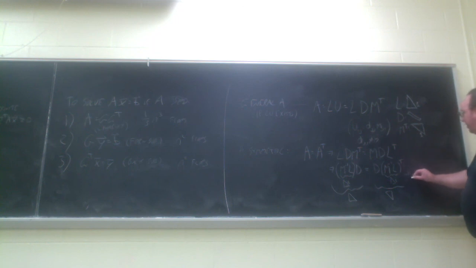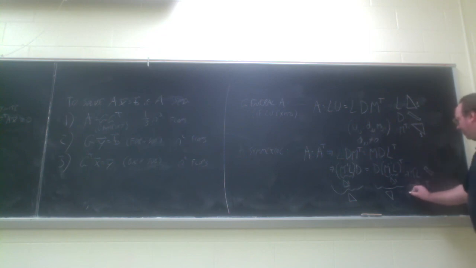So that means that M inverse L is diagonal. But the diagonal entries of M and L are both 1. So what that means is M inverse L is identity.